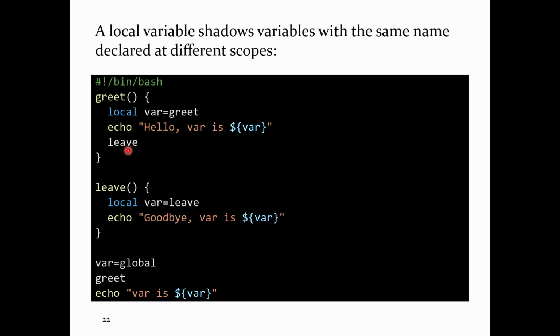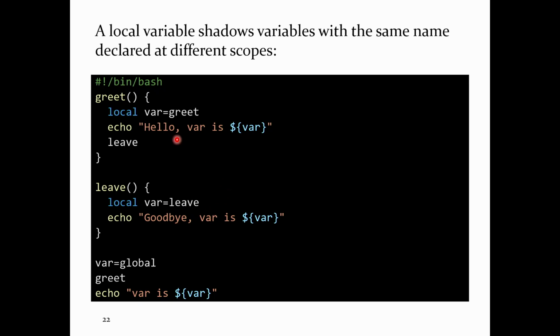But then you call leave. Now we jump to here, and leave also makes its own local variable called var and sets it to leave. So when this echo statement runs, it'll print out goodbye, var is leave.